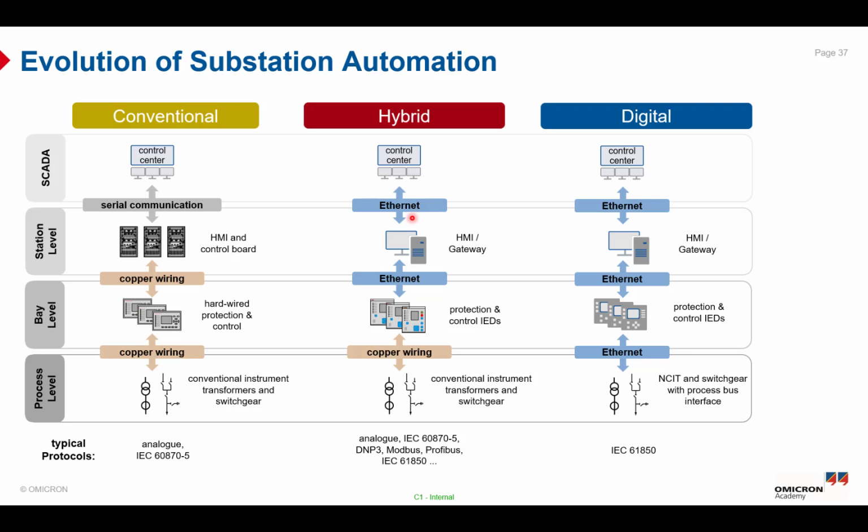Last but not least, the digital substation. We have here NCT and also CVT and low power instrument transformers such as LBIT for the current using the Rogowski coil and also the voltage transformer, and we have also a merging unit that can be used to transform this analog values of the current and the voltage into digital values to be published by using the Ethernet to the bay level.